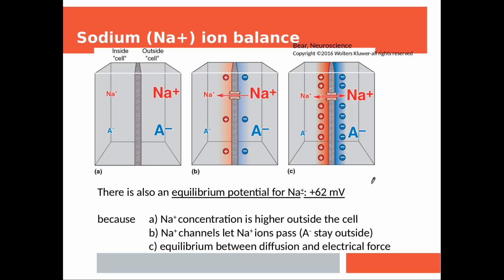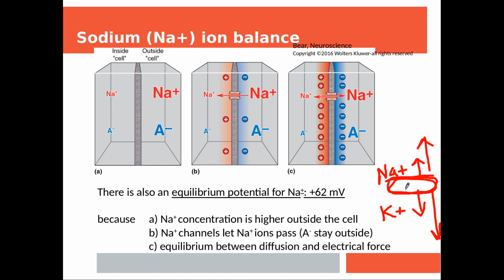So you can see that these sodium and potassium are working in opposite directions, right? Sodium's trying to pull the membrane potential up. Potassium is trying to pull it down. And so these balance out also, right?